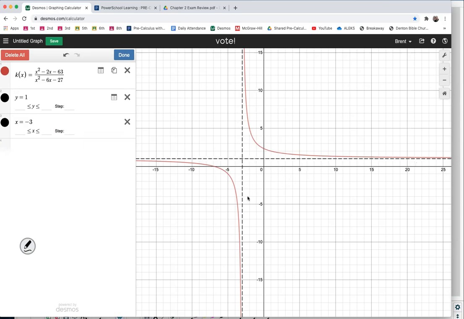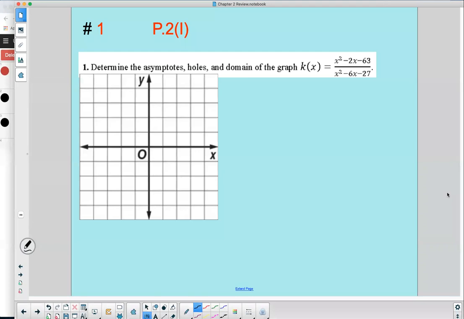This vertical one crosses the x-axis, so you would call it x equals -3. And this horizontal one cuts the y-axis at 1. So those two would be asymptotes. I'm going to go ahead and write that down. For asymptotes, we have, this graph cuts through at -3.